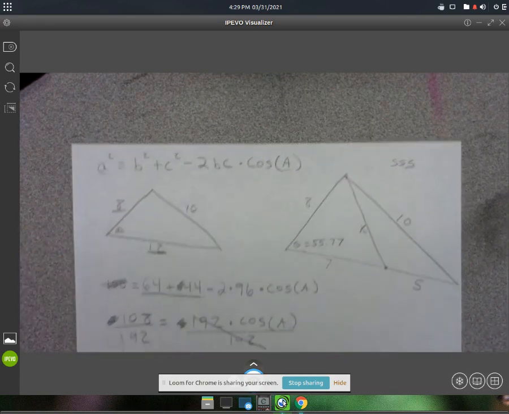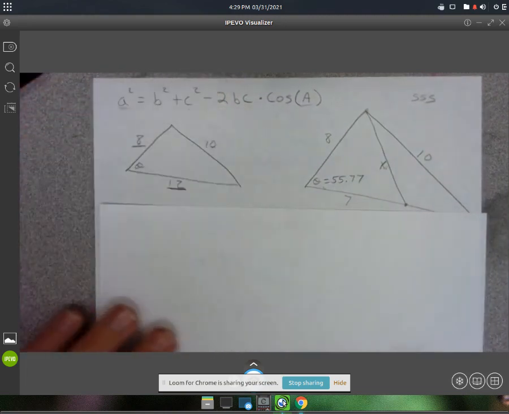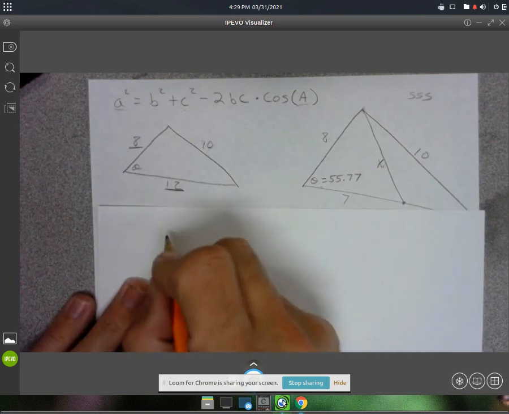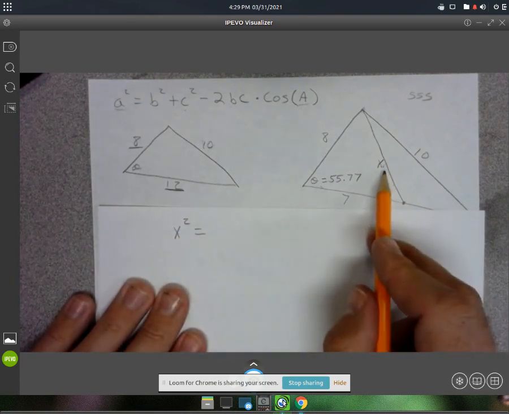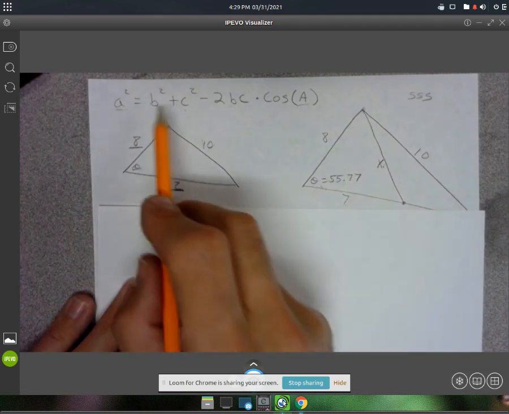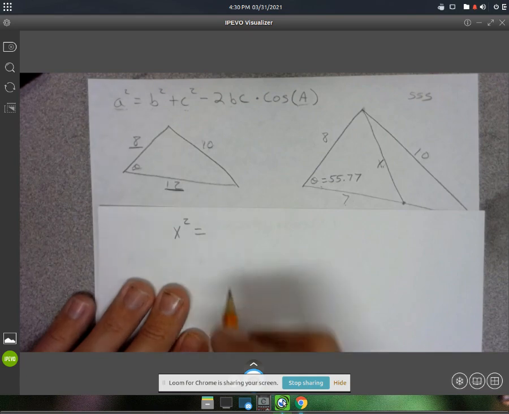So let's set up that equation now. So I'm going to say a squared or x squared, and 8 and 7 are going to be my b and my c. Those are the two sides that are surrounding my included angle.